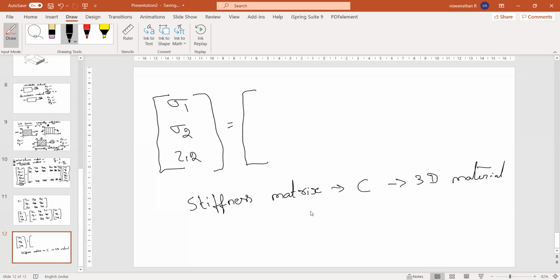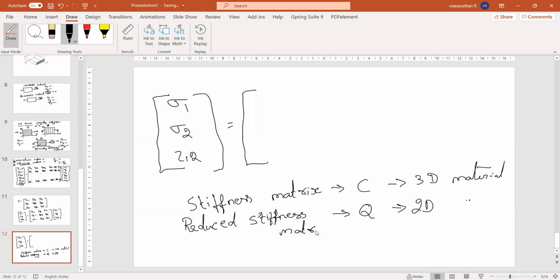Suppose the same stiffness matrix, if it's for a 2D, for example a UD lamina, then it is denoted by the letter Q. Okay, it's denoted by the letter Q. This is called the reduced stiffness matrix.